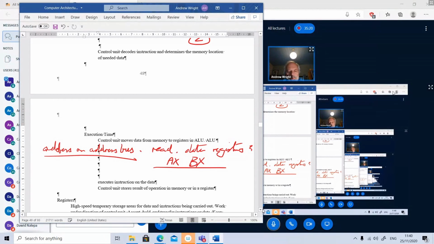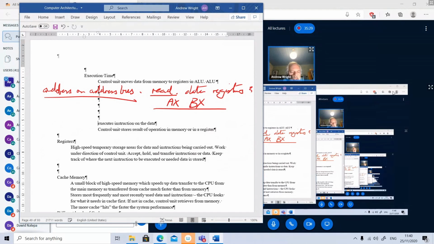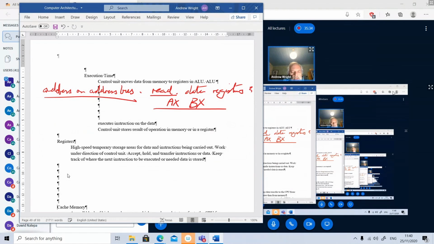The read-write line would be read here. So if it's an addition, we get a sum, don't we? And then we can put that back. So the control unit stores the information.